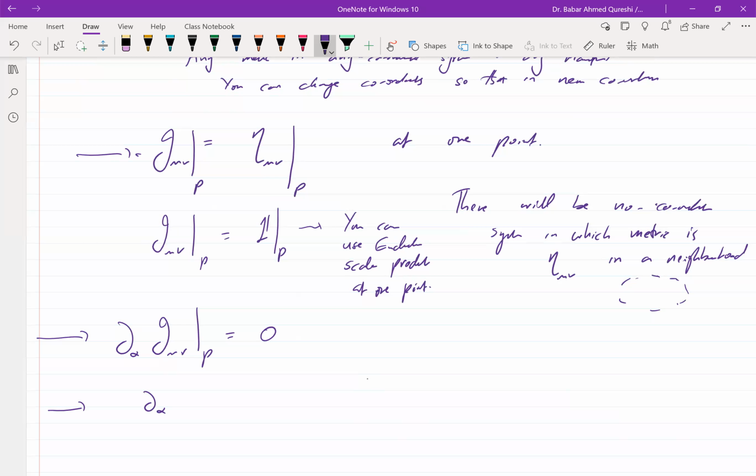So all derivatives cannot be equal to 0. You find that you cannot arrange this: the second derivatives of the metric components you will not be able to put to 0 if the manifold is not flat.